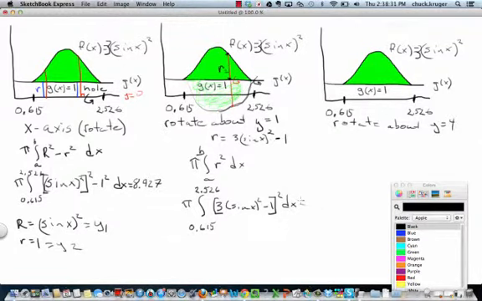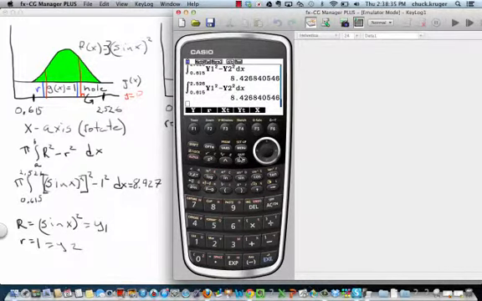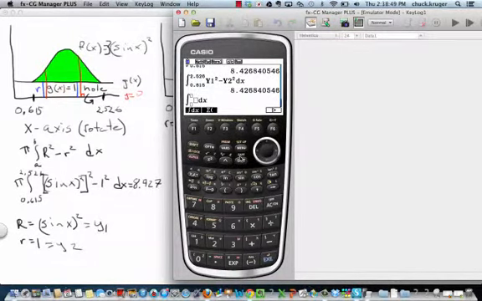Alright, so let me show you how I'm going to do that on my calculator. I'm going to exit, exit again, go to math, grab my antiderivative, and then go to bars and grab my y.